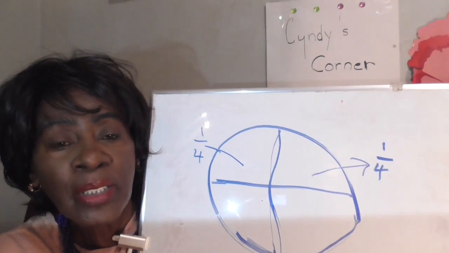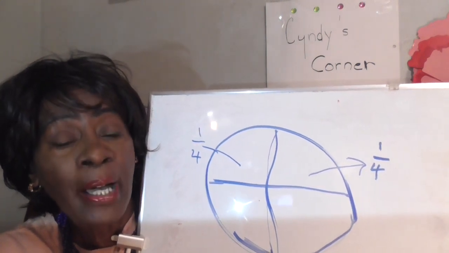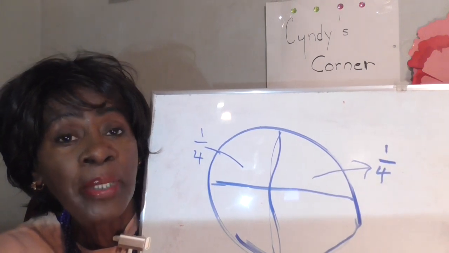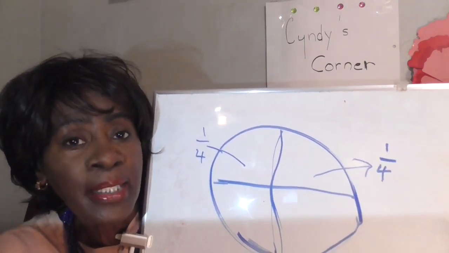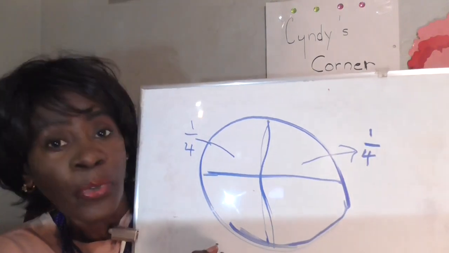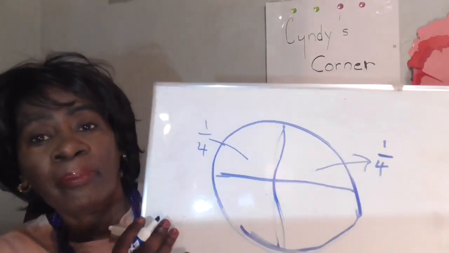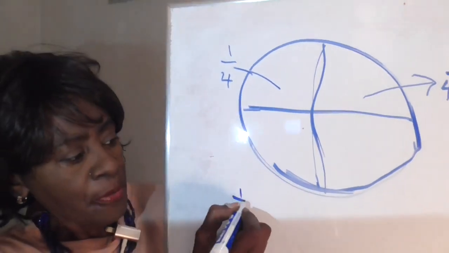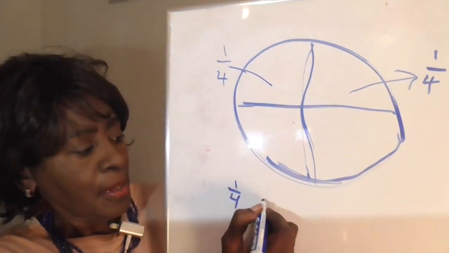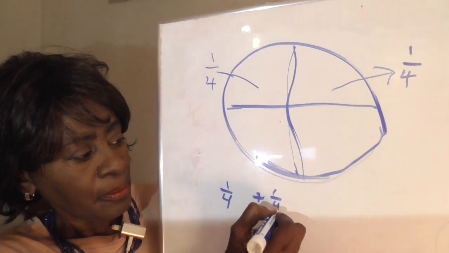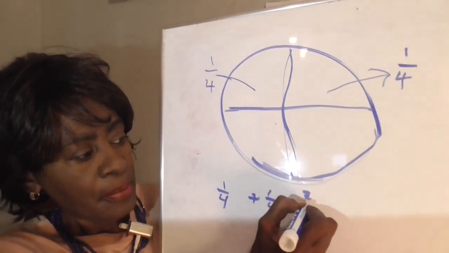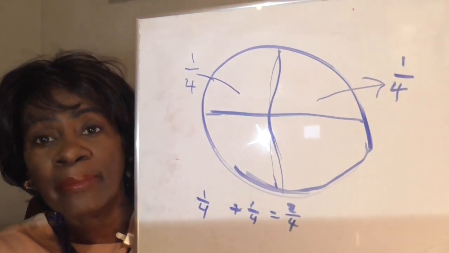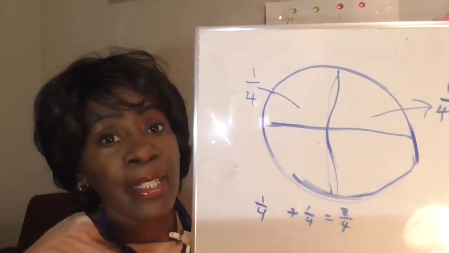If you have a question on an exam that says, out of the whole pie, what part or how many parts of the pie is taken? 1/4 plus 1/4 equals 2/4. 2/4 of that pie was taken. We're creating fractions.